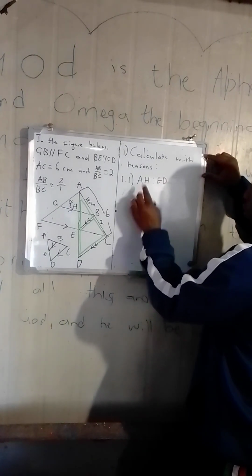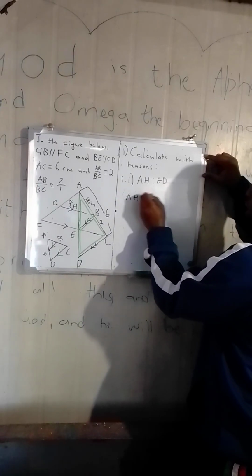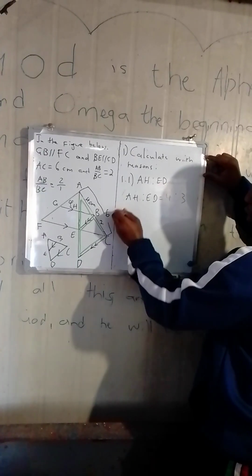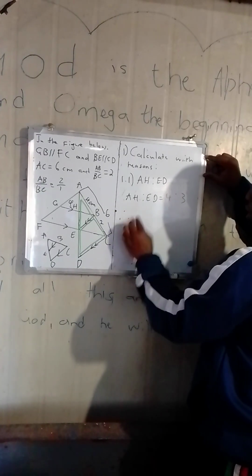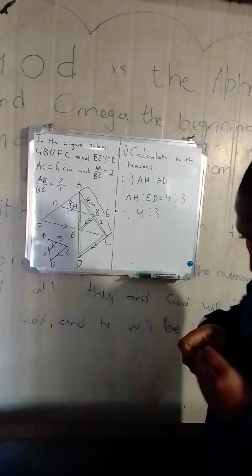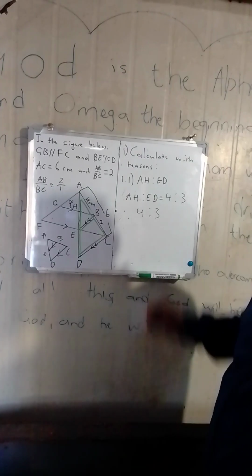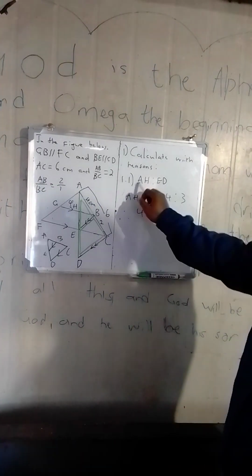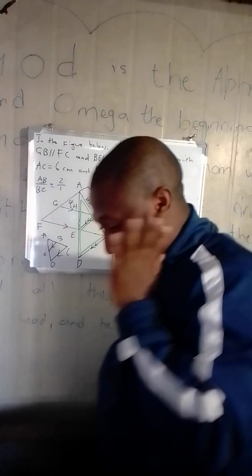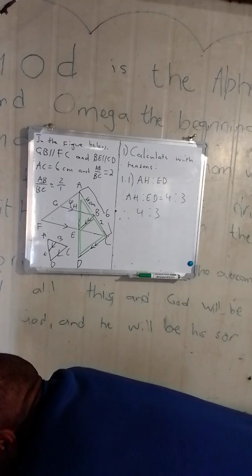So AH is to ED equals 4 is to 3. Therefore the final answer is 4 is to 3. Are we together, people? So yeah, let's continue.